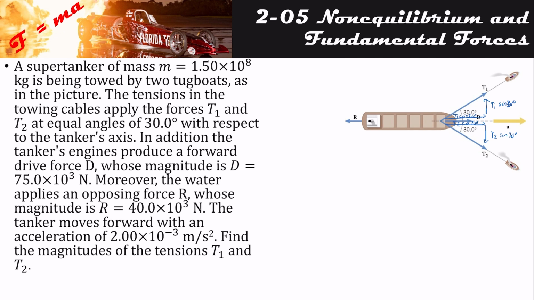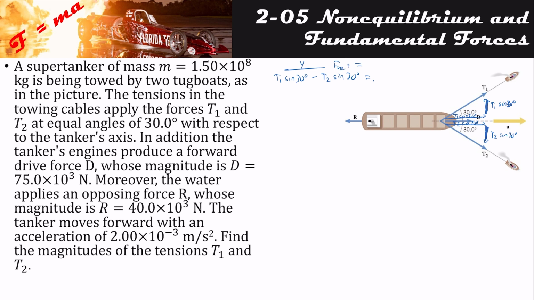If I start with the y direction, the vertical, I'd have T1 sine of 30, because that's the force going up, and then T2 sine of 30 down. Now, I don't have weight or normal force here because this tanker's flat, so the weight and the normal force are going to cancel out.